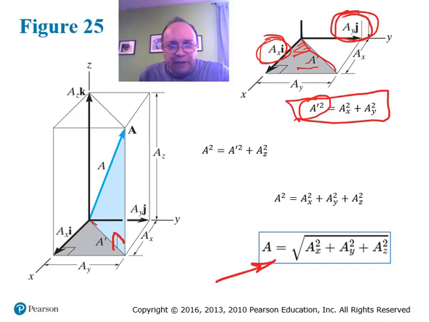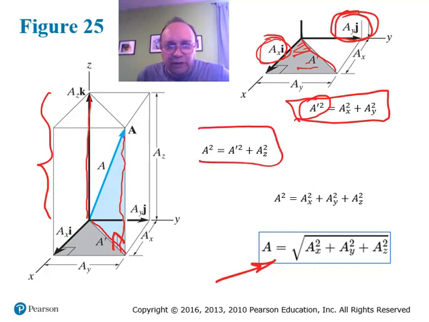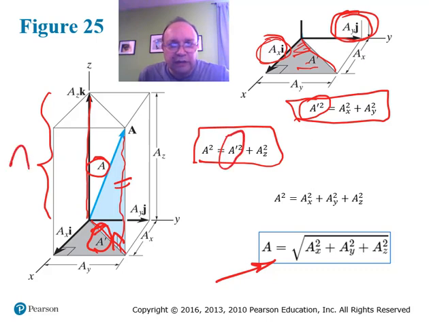So by the Pythagorean theorem, you have A prime squared plus this distance, which is the z component, that magnitude is equal to this height from the whole height of the figure right there. So you can also get the Pythagorean theorem for that triangle, where A squared is equal to this square plus this square. So this is A prime squared plus the total height A_z squared.